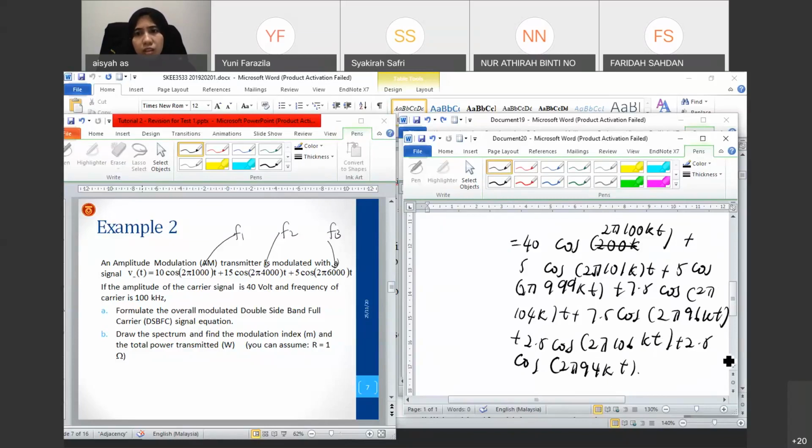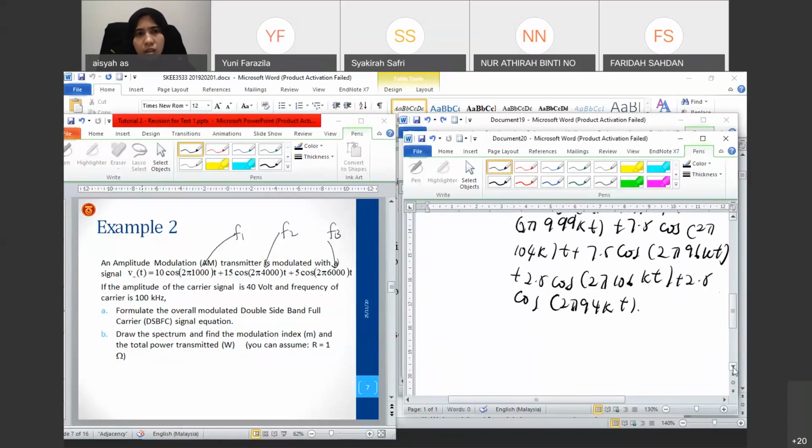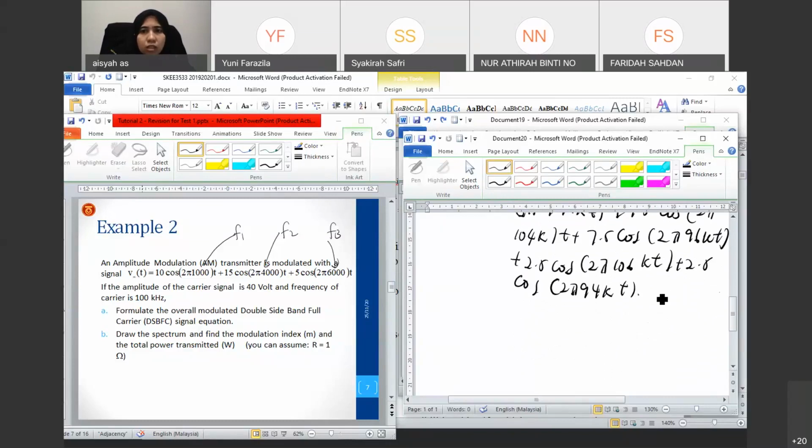So here is the answer from the expansion, and this is related to part B. If the question only asks for VAM, it's okay to leave the equation without expanding.